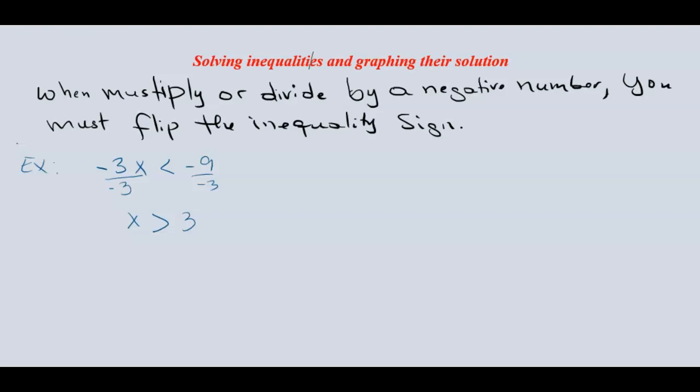So if we graph this, here's the number line: 0, 1, 2, 3, and -1, -2. Again, you go on the number line and find the number 3. Because it's greater than, we leave the circle open, and we draw a line to the right of that circle because it's greater than.